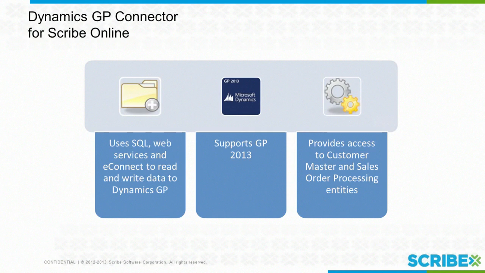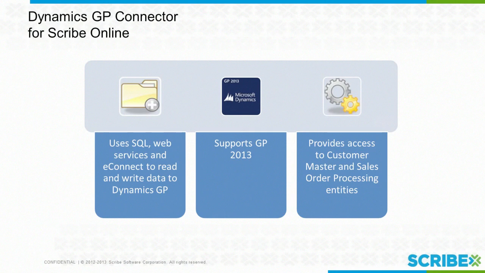Scribe Online is a cloud-based data integration platform that allows you to do all of your design and administration work in the cloud. And then, as you'll see when I get to it on the next slide, you can even do integration with on-premise applications like GP, even though you're doing your administration in the cloud.